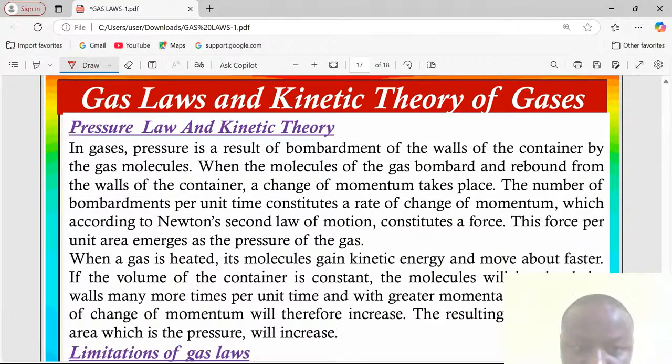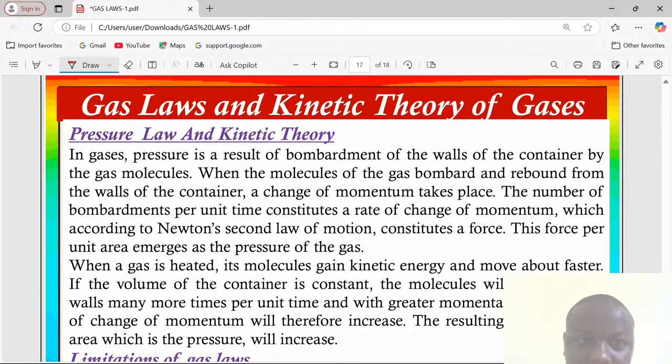The pressure law, which is the final one. In gases, pressure is a result of bombardment of the walls of the container by the gas molecules. When the molecules of the gas bombard, colliding with and rebounding from the walls of the container, a change of momentum takes place.